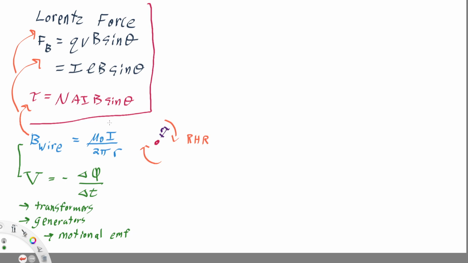This mu is the permeability of free space. It's a constant, so it's one that you'll have to look up when you need to use it. But yes, the magnetic constant is about 1.26 times 10 to the minus 6.